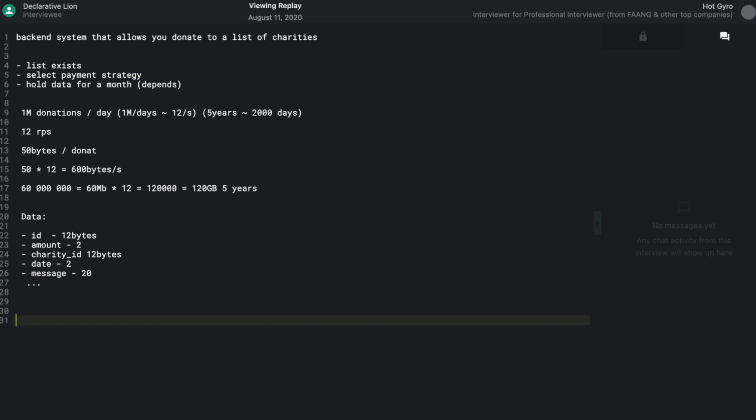Now I have two ideas. If we know that we would have a billion users, we could just pre-generate all the IDs and put them into the database, right? And this service would be the only one that talks to this database.